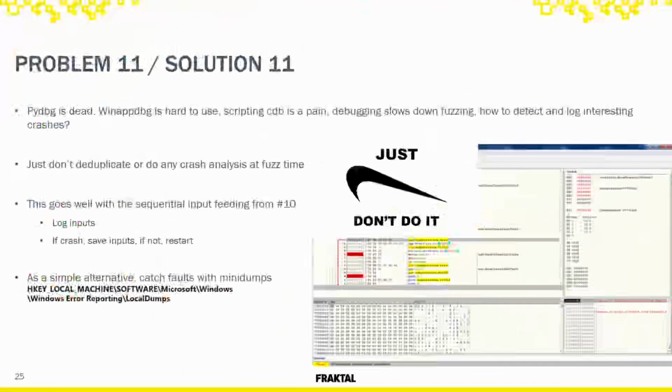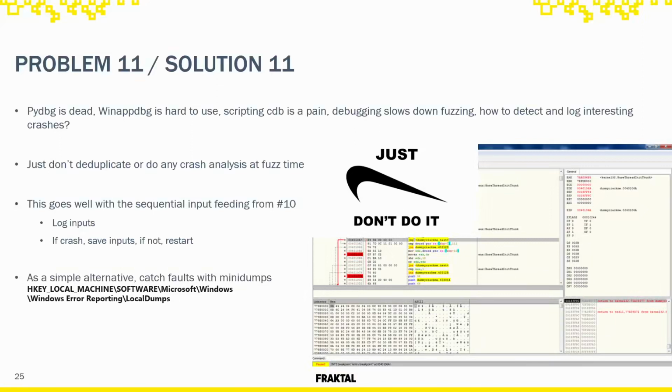So your next problem, once you start finding crashes, well, PyDBG hasn't worked for quite a while, and WinAppDBG is a pain in the ass. Running Adobe Reader under a debugger while you're fuzzing it is also a complete waste of time. And my solution to this was just don't do it, because when you look at the way it works, when I do the sequential input feeding, I feed it data, and then eventually the app crashes.